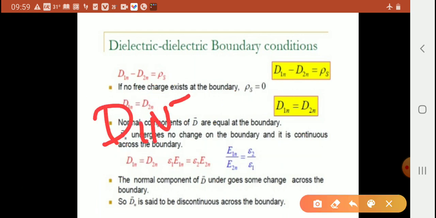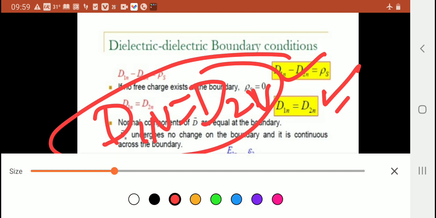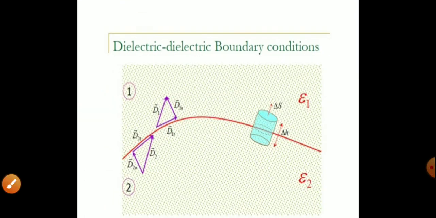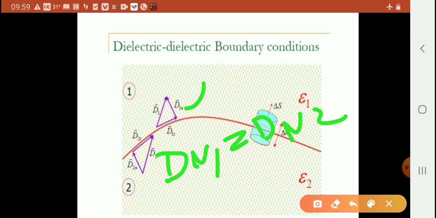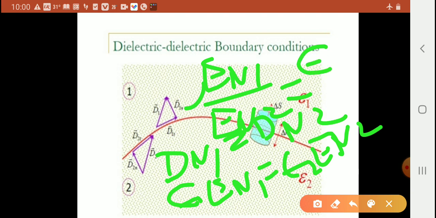So D1n equals D2n. For the normal component, Dn1 equals Dn2. Putting in the values, permittivity of E1 times En1 equals permittivity of E2 times En2. So En1 upon En2 equals permittivity of E2 upon permittivity of E1.